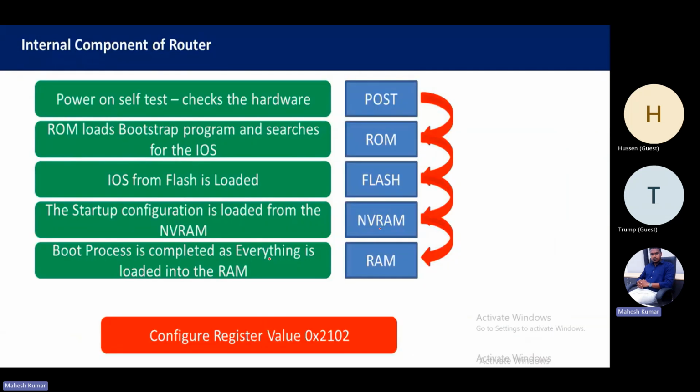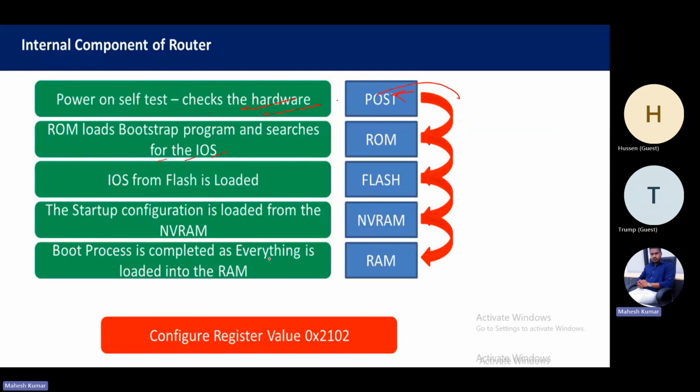So now the internal components of the router and the boot process of the router. You are turning on the router. Power on, it will do the power on self test and check the hardware. Then ROM loads the bootstrap program and searches for the iOS.